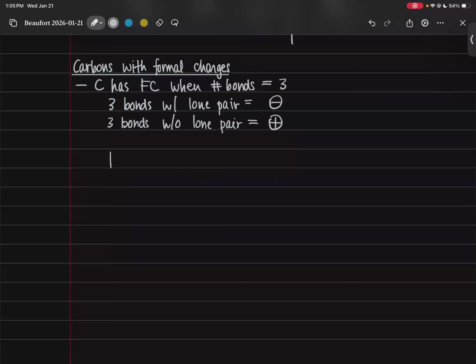So if we just draw this structure by itself with no formal charges on it, how many hydrogens are on the central carbon?